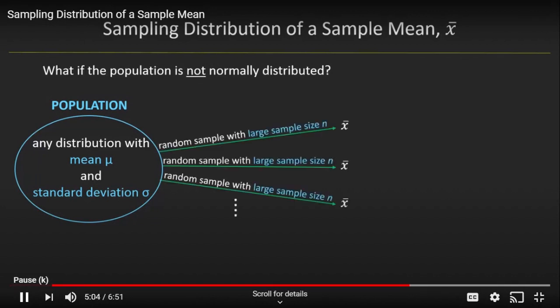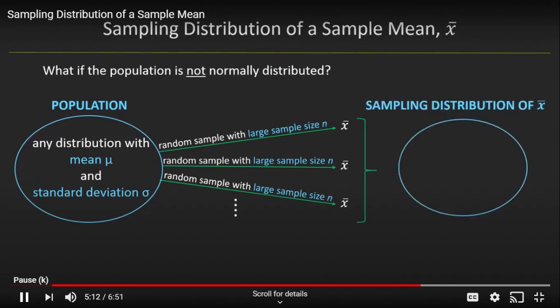We take random samples with a large sample size n and calculate all of the sample means, and once again put all of those sample means together, and we get the sampling distribution of x bar. This distribution is approximately normally distributed with mean mu and standard deviation sigma divided by the square root of n. Note, this time I have written approximately normally distributed.